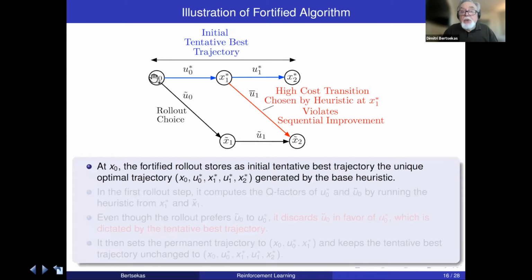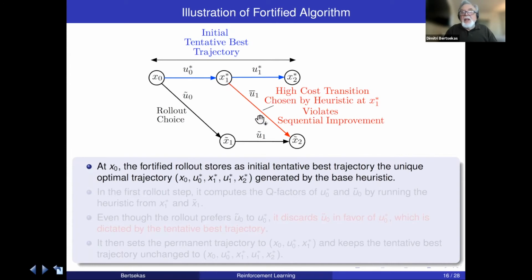The optimal trajectory here is the one at the top, and by accident, it is generated by the base heuristic starting from x0. So we go to rollout. Rollout will go over here, and then we'll follow the base heuristic.